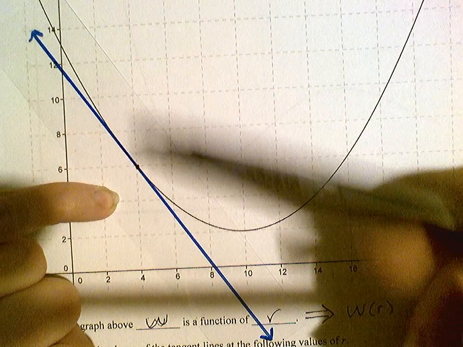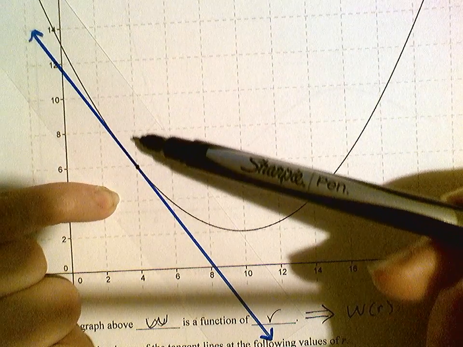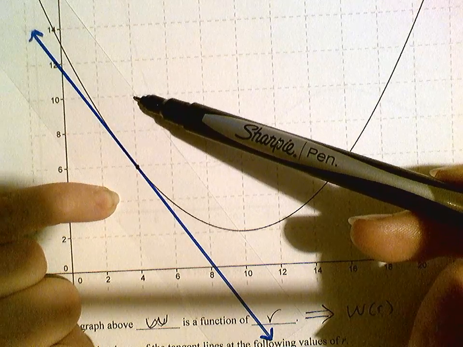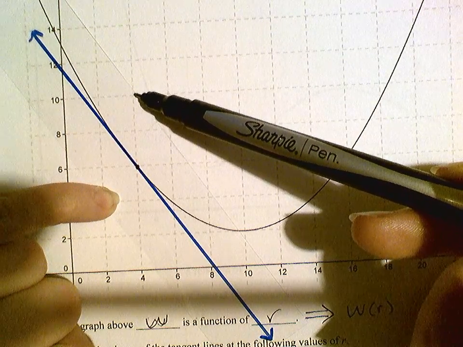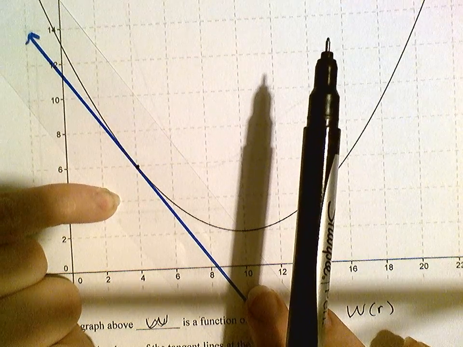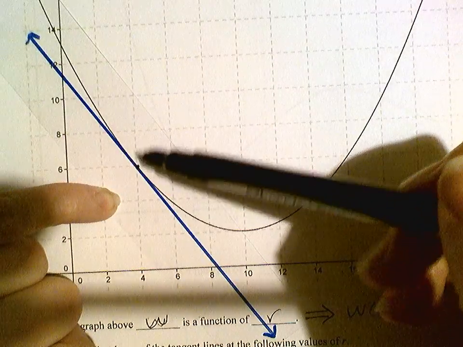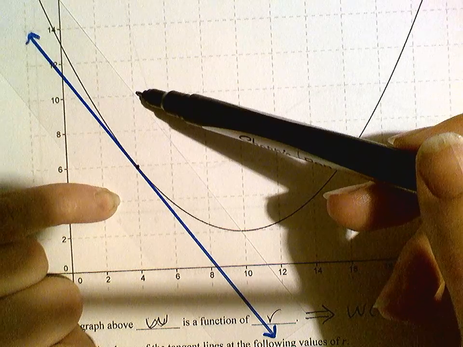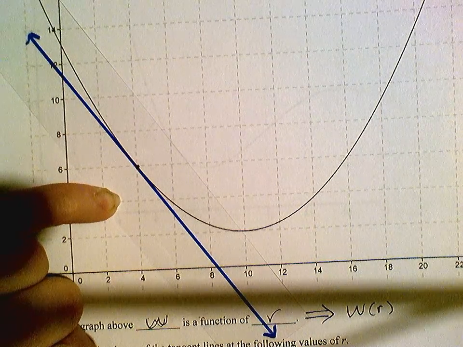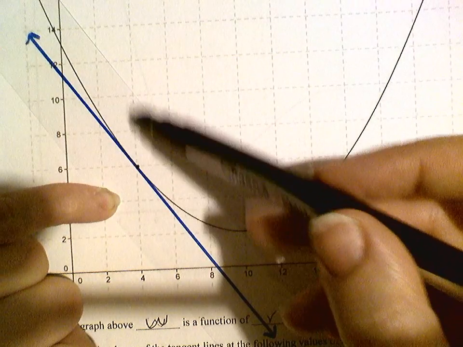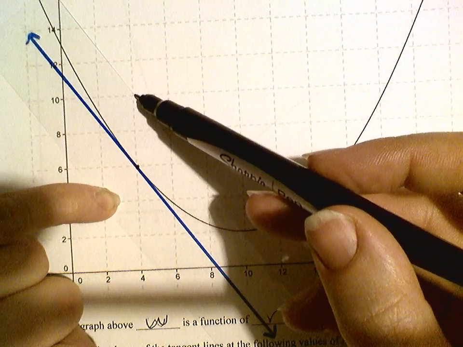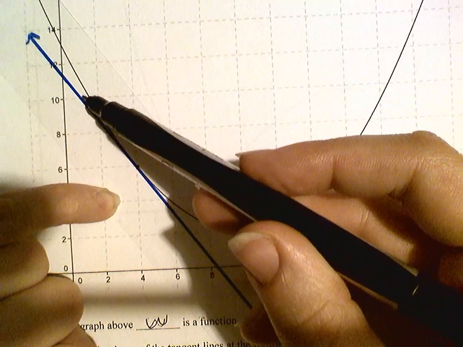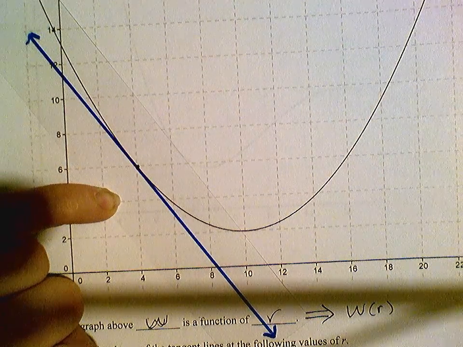So I'm counting by 2s: 2, 4. The rise I'm getting is 4, and then I go left 2, 3. So I'm getting 4 over negative 3.